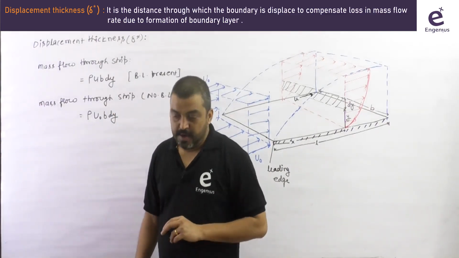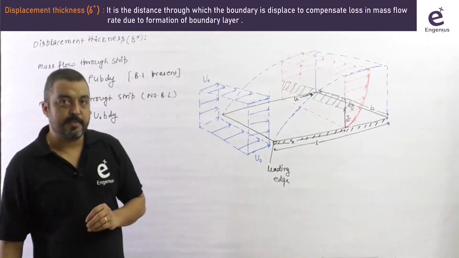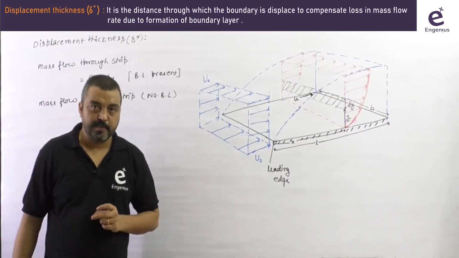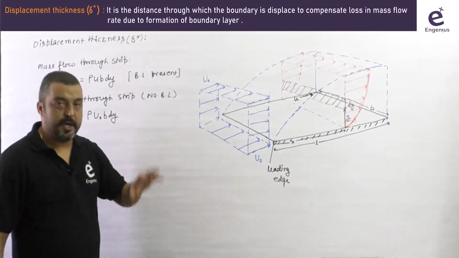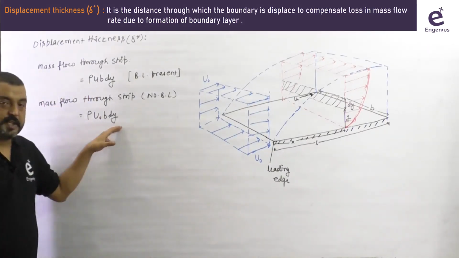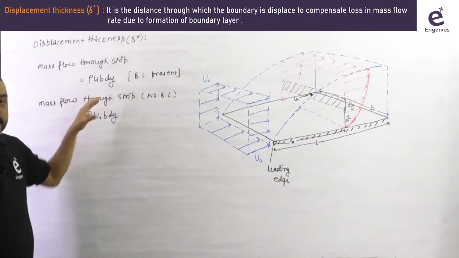Obviously in this case there is some loss of mass due to boundary layer formation. Because of boundary layer formation, some mass loss has happened, because if you did not have a boundary layer, the mass would be this one, but due to the boundary layer the mass is this one, so there is a loss of mass.